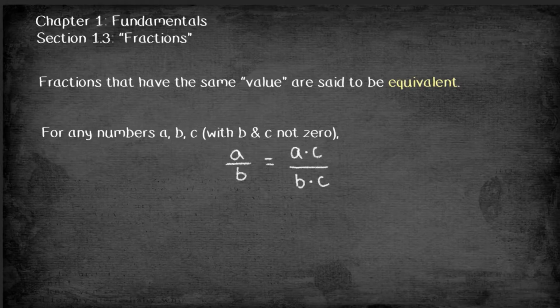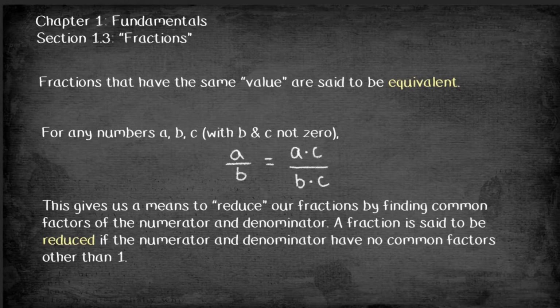And this gives us a way to reduce our fractions by finding common factors of the numerator and denominator. A fraction is going to be reduced if the numerator and denominator don't have any common factors, aside from 1, of course. So for an example, we might look at something like 6 over 10.